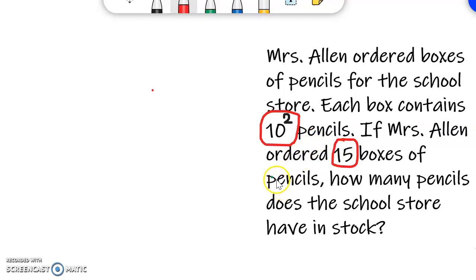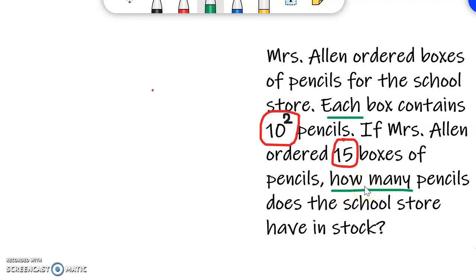Allen ordered. So now I need to reread the question to search for clue words to let me know which operation to use. So Mrs. Allen ordered boxes of pencils for the school store. Each box contains 10 to the second power pencils. If Mrs. Allen ordered 15 boxes of pencils, how many pencils does the school store have in stock?